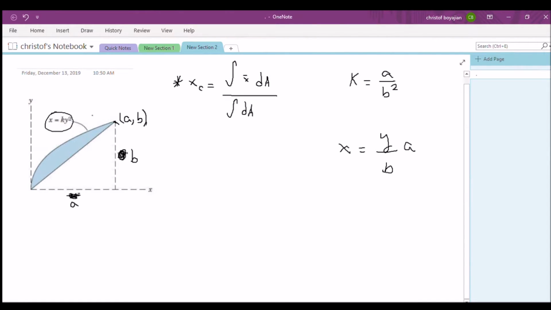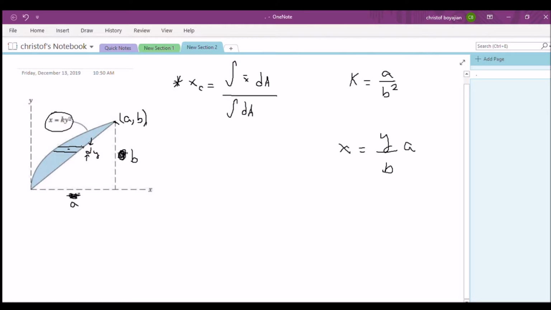Now let's go ahead and solve for both of our coordinates of the centroid. So I'm going to make a cross section with respect to y, and you'll see why in a minute. I know that was a bad joke, but this is going to be our height right here, dy. And then what is this distance right here?